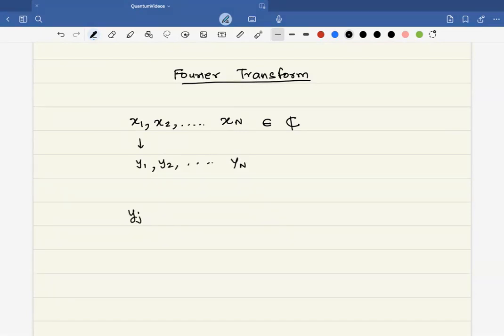Yj is equal to 1 over square root of n, summation over k of xk e to the 2 pi I jk over n, where I is the complex number and k is running from 0 to n minus 1. Right?